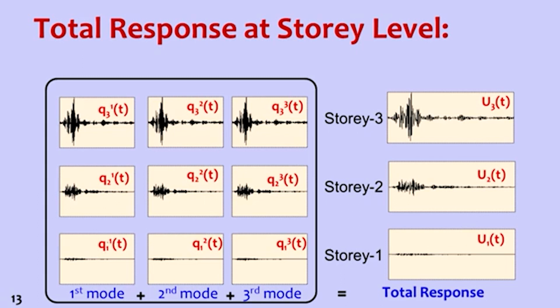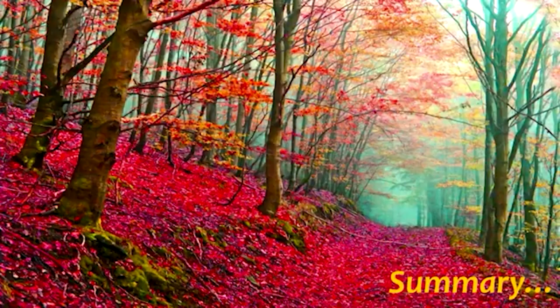So Q1 of first mode, Q1 of second mode, Q1 of third mode: if we add all 3, we get U1. Q2 of first, second and third mode gives the displacement of the second story. Q3 of first, second and third mode gives the displacement at the third floor. So the first mode, second mode, and third mode responses added together equal the total response.